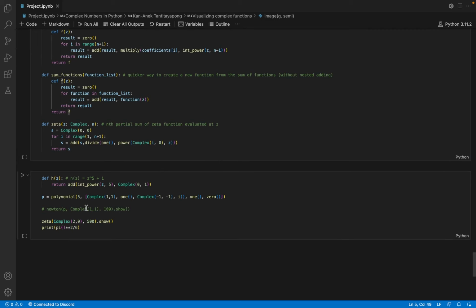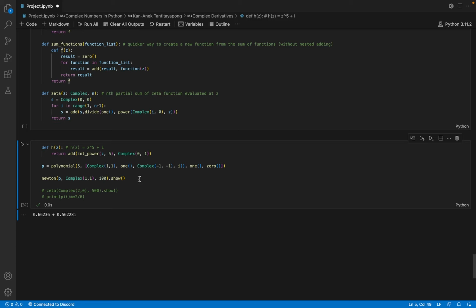So let's do a quick example of Newton. I have this polynomial p of degree 5, and the coefficients are as shown. For example, 1 plus i times z to the 5th power, plus z to the 4th, minus 1 plus i times z to the 3rd power, and so on.